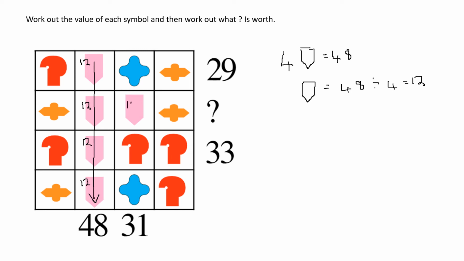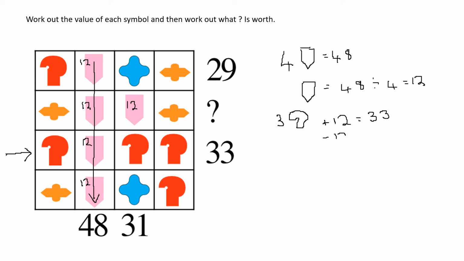So I'm now going to look for a row that is just the pink pennant and one other shape. So I could choose the orange bee, but I don't know how much that row's worth. So I'm going to pick the red question mark. And altogether 3 red question marks plus 1 pink pennant are worth 33. So that means that 3 of those red question marks plus 12 are worth 33.